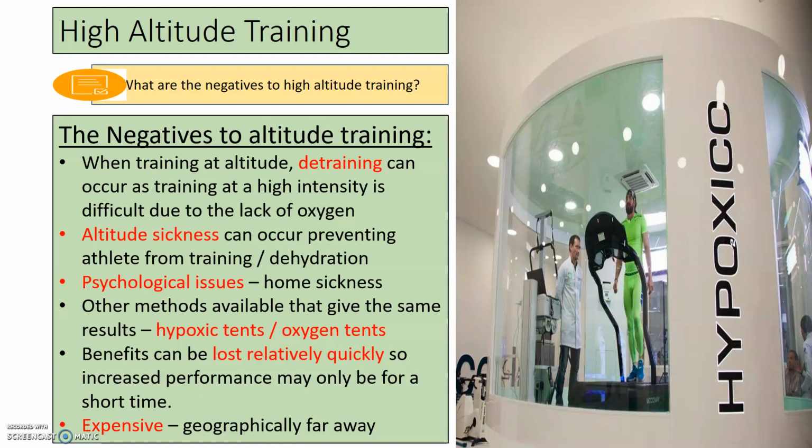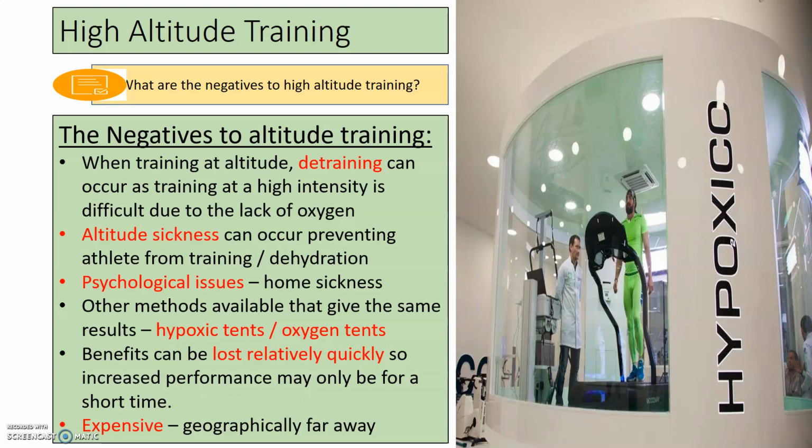The second problem, and you may have had this before if you've been on holiday, for example skiing, and gone by coach up to your chalet, is altitude sickness. This can come about because we've got low pressure and less oxygen in the air, and that starts to starve our vital organs, such as our brain.